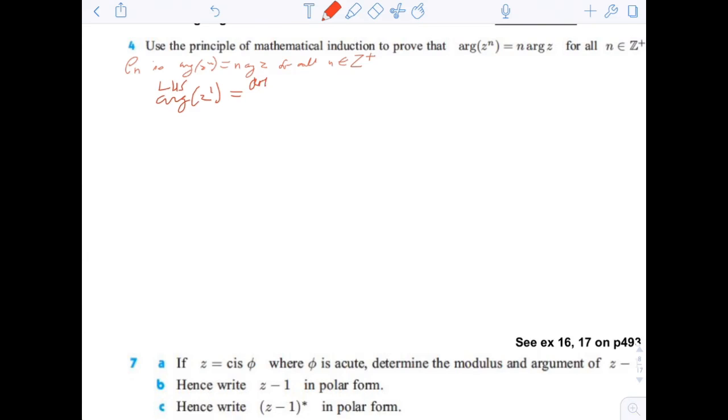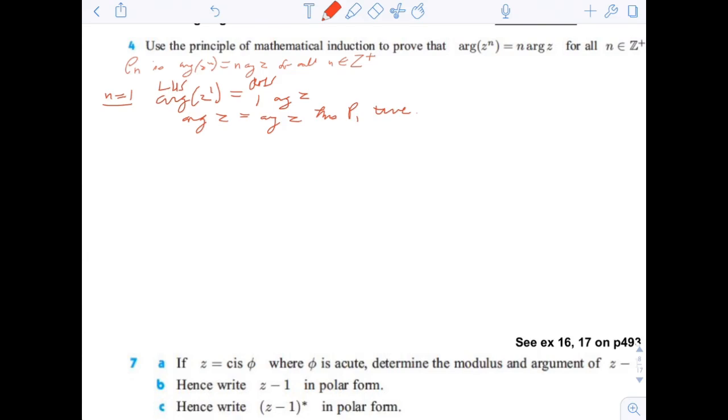The right-hand side says 1 times the arg of z. And yeah, arg of z to the 1 is equal to arg of z. And 1 times arg of z is also equal to arg of z. So thus P1 is true. Okay, this is the case of n equals 1.